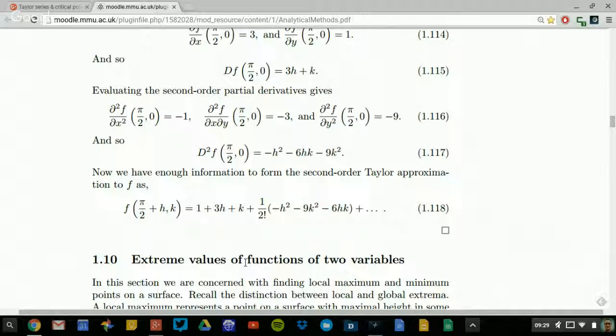So the second application is about so-called extreme values of functions of two variables, or this is also called critical points. So these are the critical points on a surface.